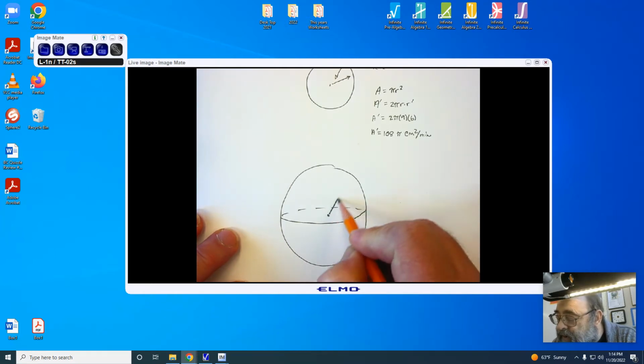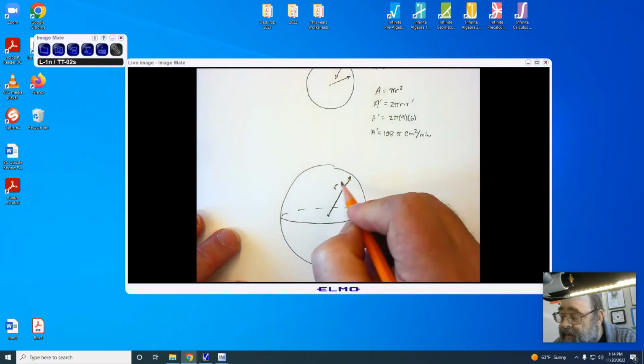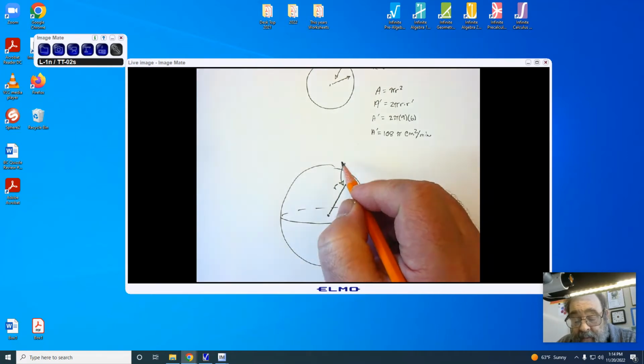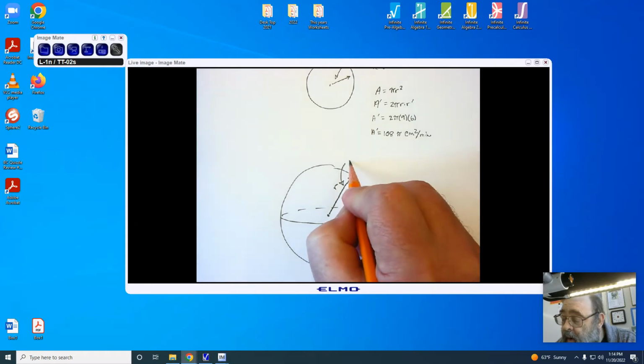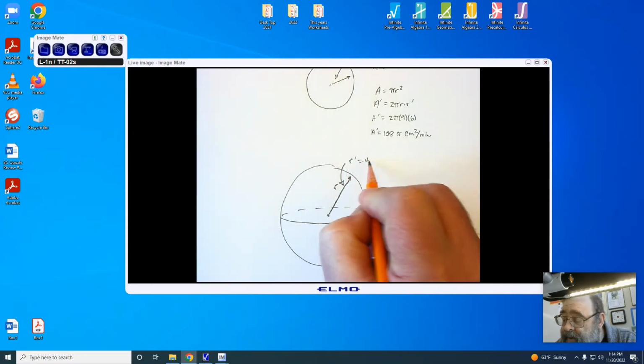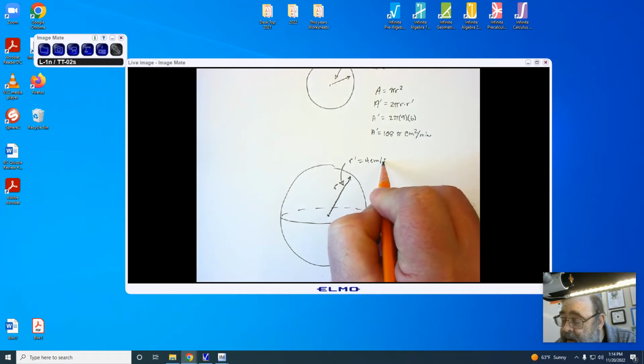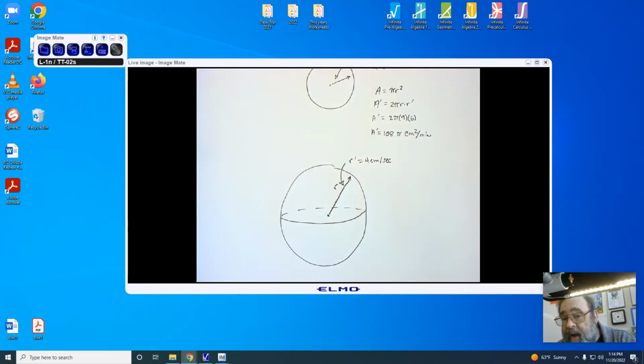And you'll notice I always start by drawing my picture. Here's my radius. The radius is increasing as the balloon is inflated. So we're looking at r prime is a positive 4 centimeters per second. Notice how I always start by thinking about whether it's increasing, growing, getting larger, or decreasing, getting smaller, shrinking, because those represent the positive versus the negative rate.